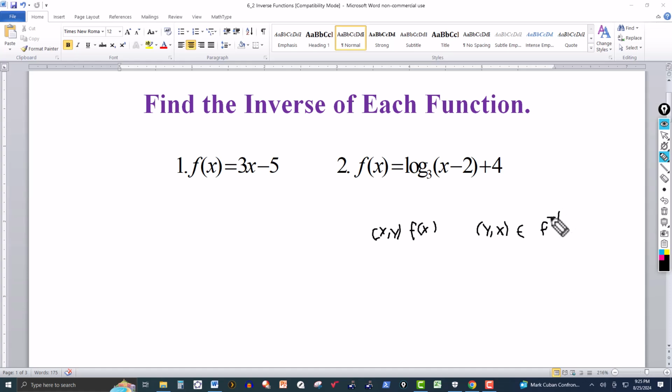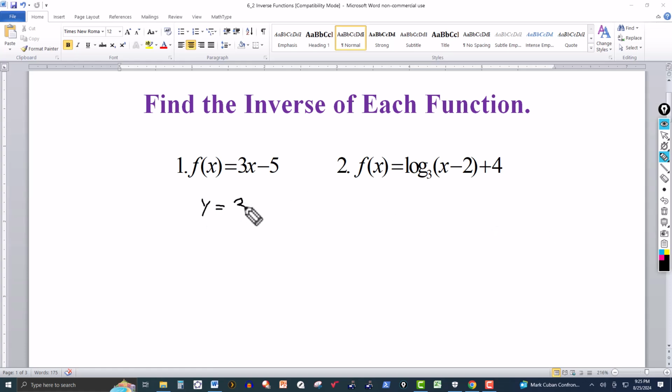And that's not an exponent, that's read f inverse. So again, if I take any point on the graph of f of x and reverse the ordered pair there and say y, x, that point would be on the inverse. So this is the way it works.